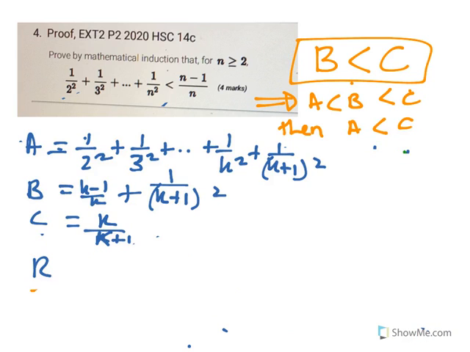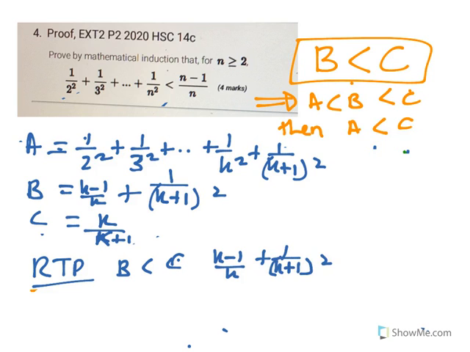Okay, so what we're required to prove is that b is less than c. So that would be k minus 1 on k plus 1 on k plus 1 squared is less than k on k plus 1. Okay, so in order to prove that, let's bring them all over to the one side. I might bring that over to there.